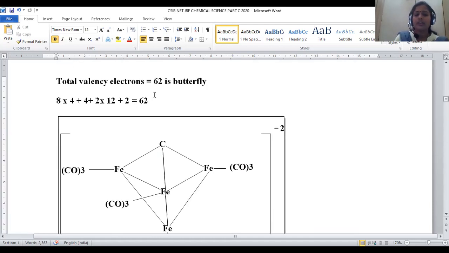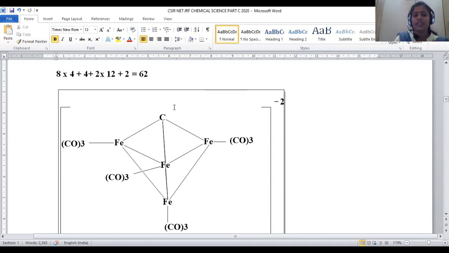To get the cluster structure, first we have to predict the total valence electron count of the complex. Each iron has 8 electrons in its valence shell, so 8 into 4 iron atoms. Only 1 carbon is there, and its valence is 4.